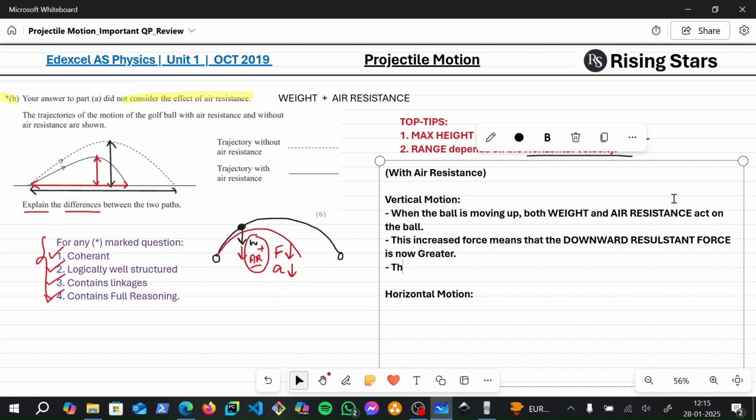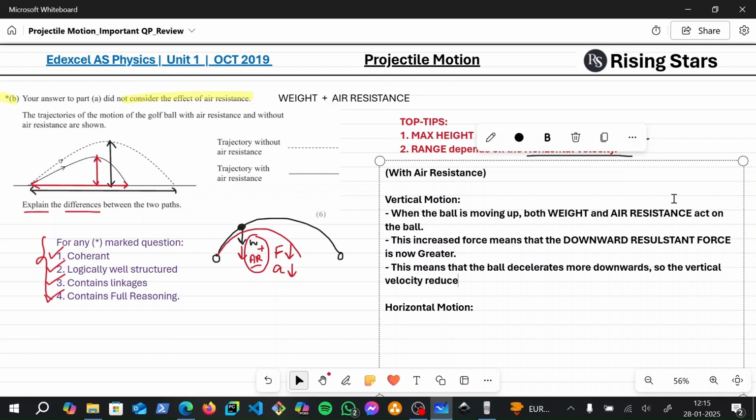This means that the ball decelerates more downwards, so the vertical velocity reduces.